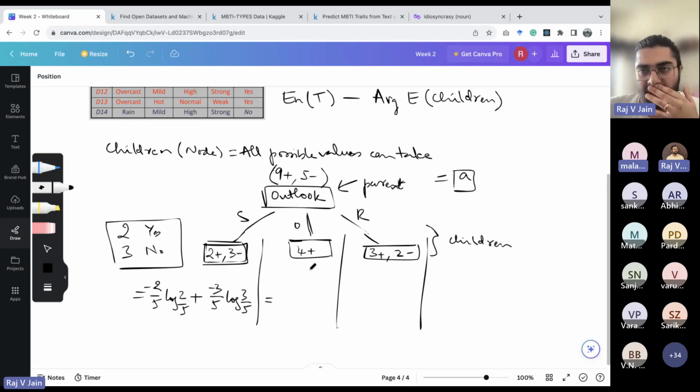I mean, there is no, let's say, answer. It's all positives, correct? Mathematically, if I gave you a formula for entropy, if you use that, do we get 0 as the entropy?